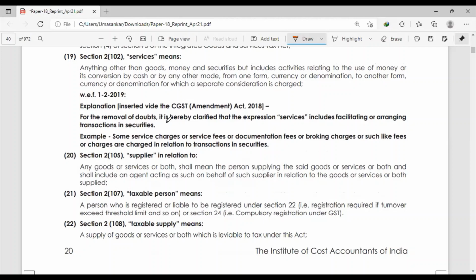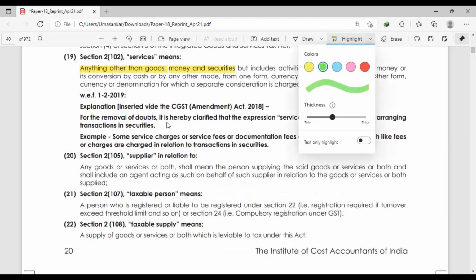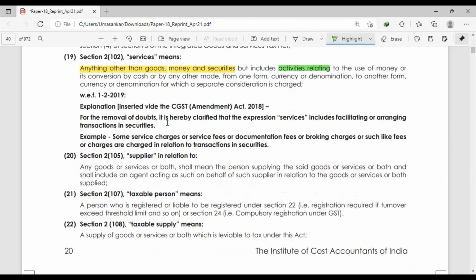Now services: anything other than goods. Everything which is not goods will come in services. Money and securities are also not included. But activities relating to the use of money or conversion by cash or by any other mode from one currency or one denomination to another form of currency or denomination is considered as services.